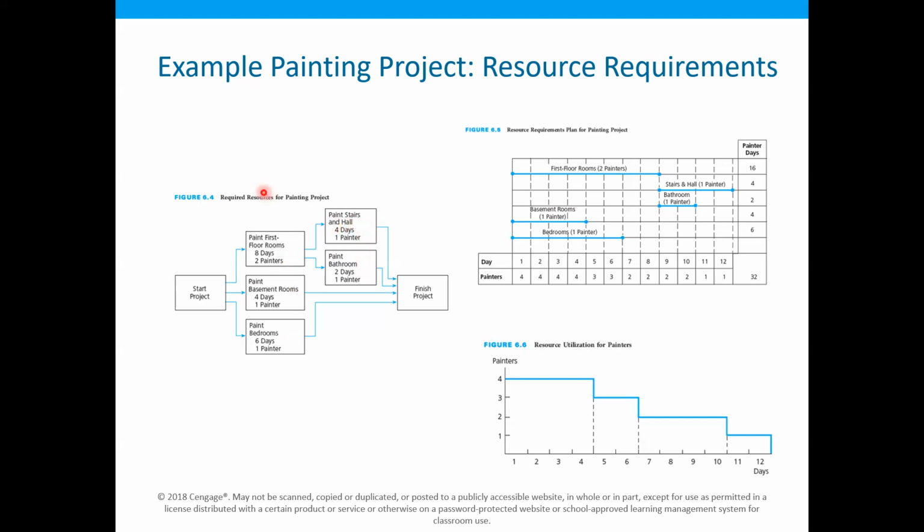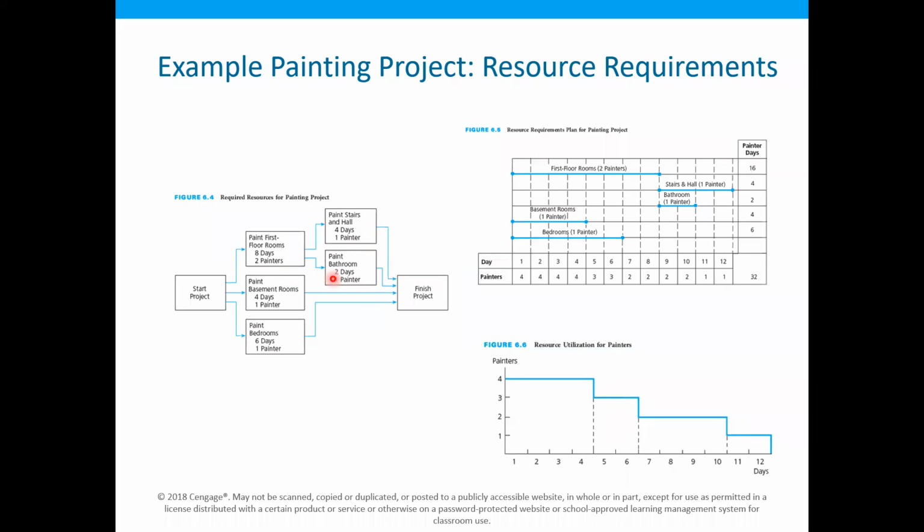So all five painting jobs, and their resource requirements and the number of days for each activity are shown over here. For this project, we will assume that we have a technical constraint.